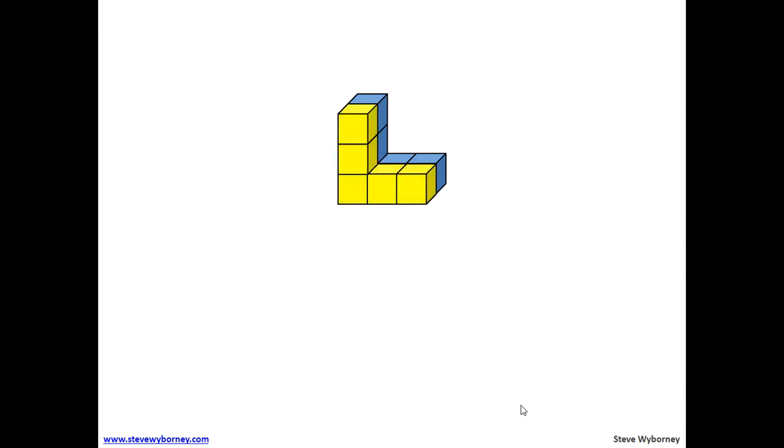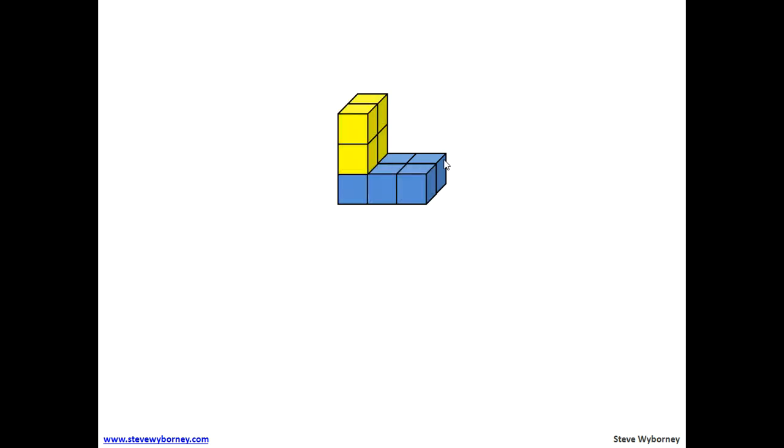So, one person may have looked at this and seen the 5 yellow cubes in the front, 2 and 3 equal 5. And then they may have noticed that it had the same exact amount of cubes behind it, so that would be another 5. So the 5 yellow plus the 5 blue would equal 10 cubes, 10 unit cubes.